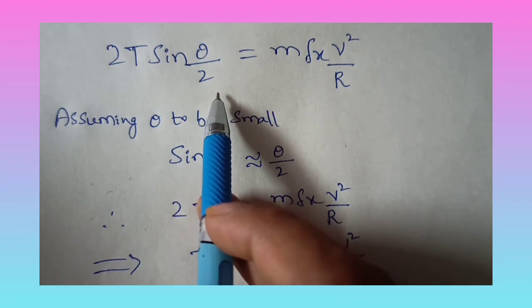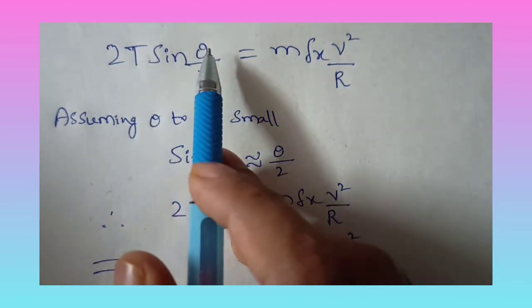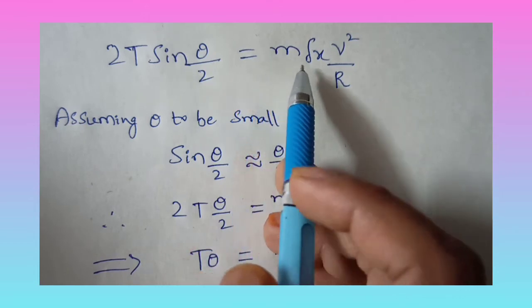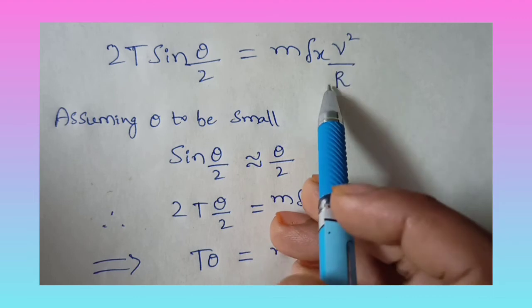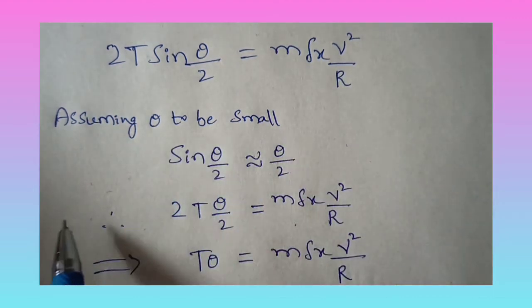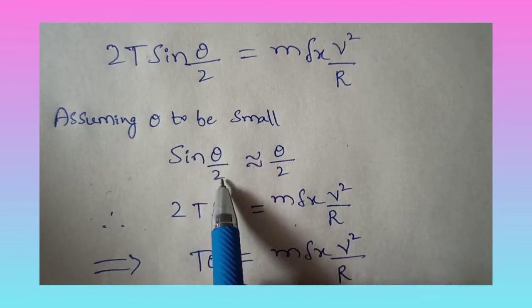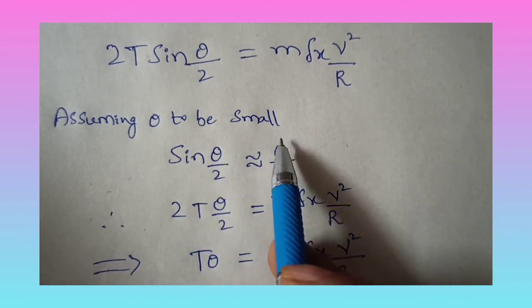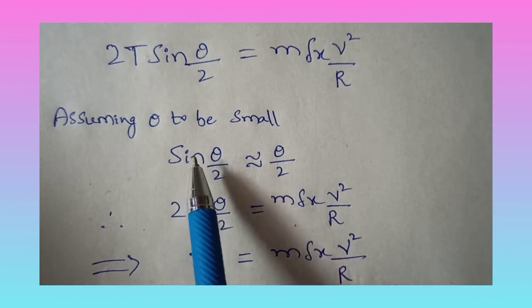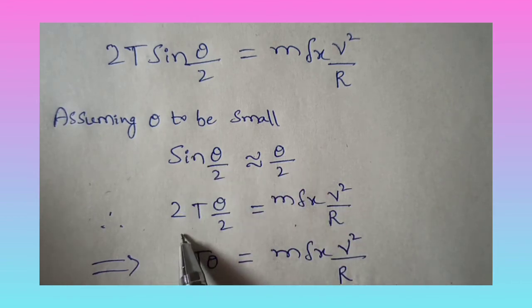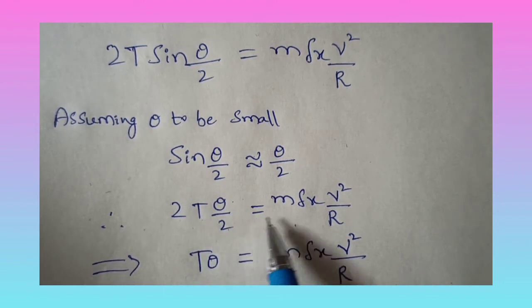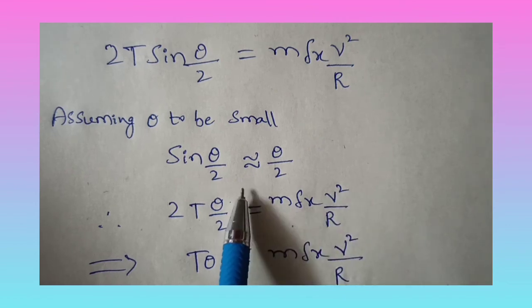This is the sum of the components along CO, which is equal to the centripetal force, that is m delta x v square by r. Now, assuming theta to be small, sine theta by 2 is nearly equal to theta by 2. So we can substitute sine theta by 2 by theta by 2, then we get 2T theta by 2 equals m delta x v square by r.